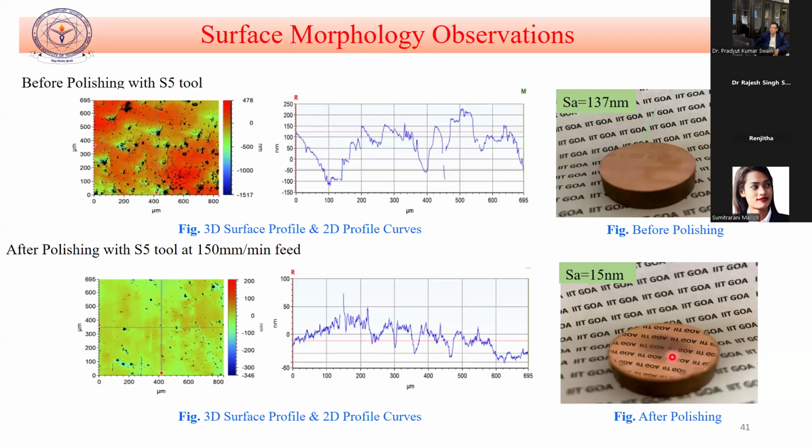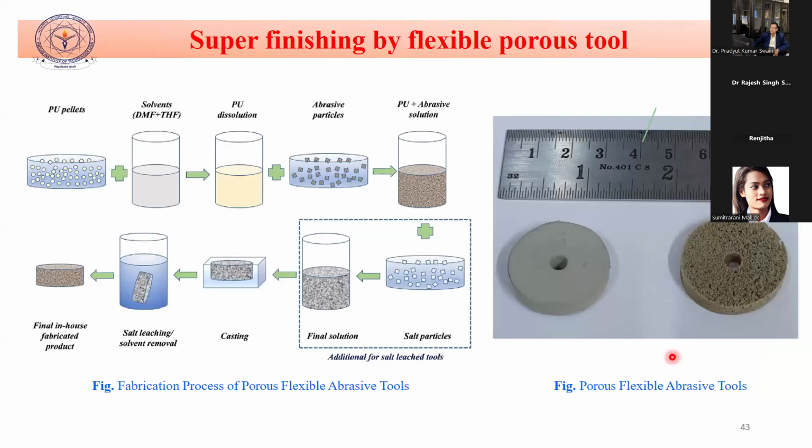So again, similarly, we take the help of chemistry. How can we make this porous? We can do it by salt leaching. The initial steps are okay: casting is done, and after casting comes the salt leaching, using normal table salt.